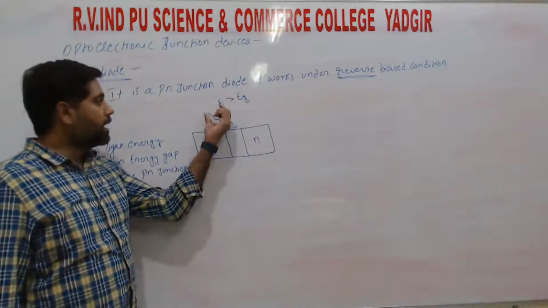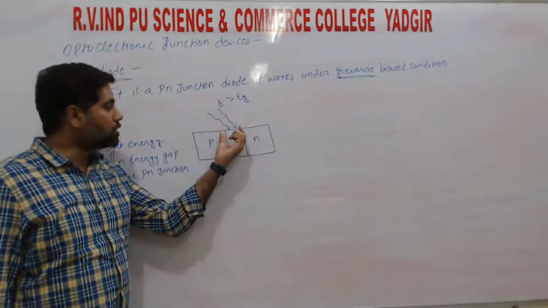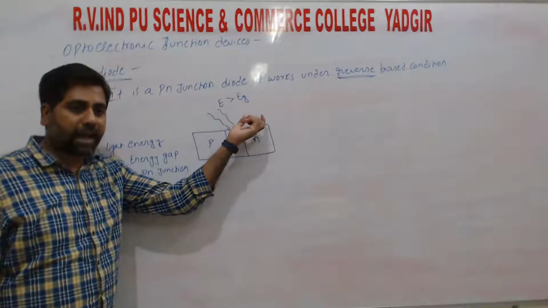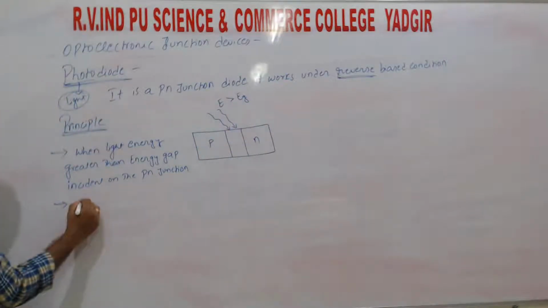So first, when light energy falls onto the junction having energy greater than the energy gap, next what happens?